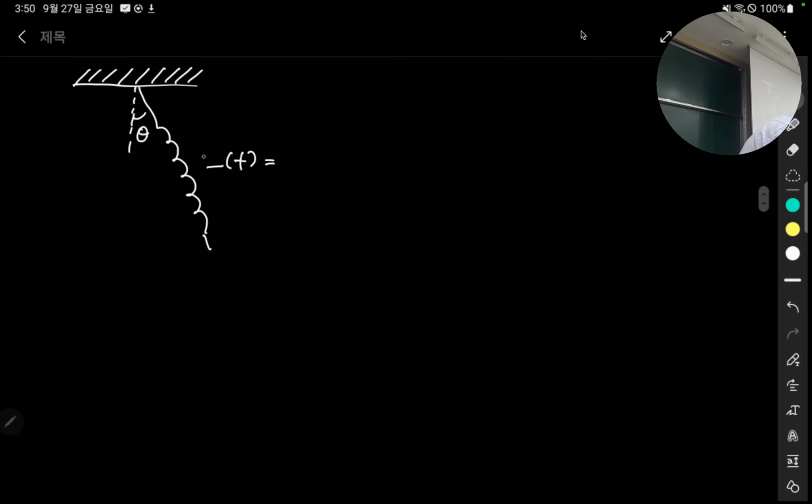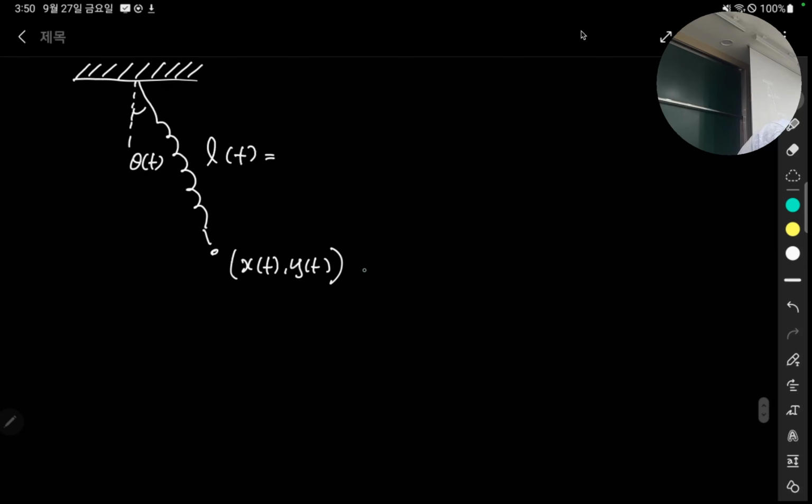Small l here. And what I'm going to do is first pick up the equation for x(t) and y(t), because assuming that we know theta is a function of t, what is x(t)?